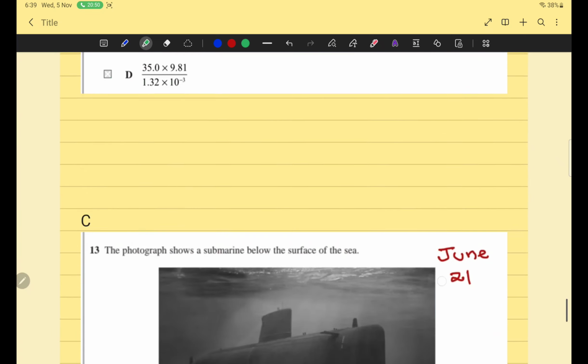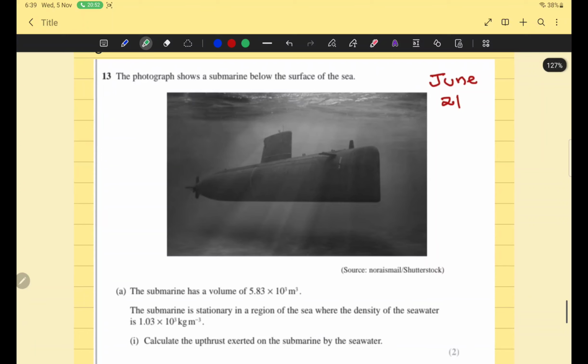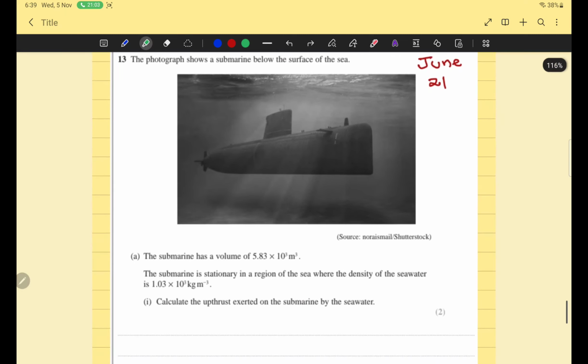So it's a simple question. And now this is another question in which this is a submarine, and the submarine is below the surface of the sea. Okay, you are given the volume of the submarine, the submarine is stationary, the density of seawater is given, and they are asking to calculate the upthrust.